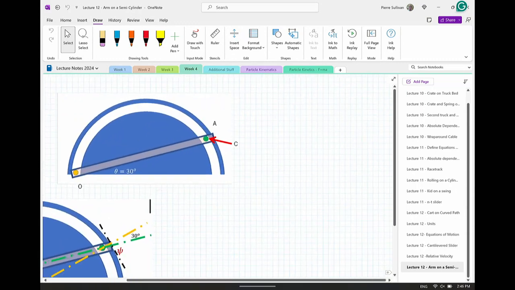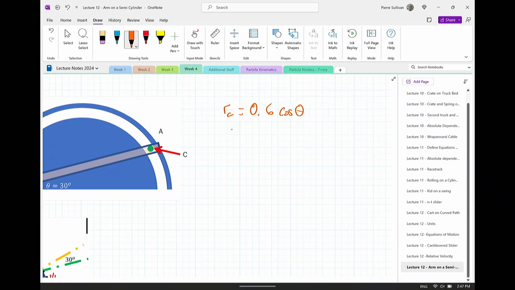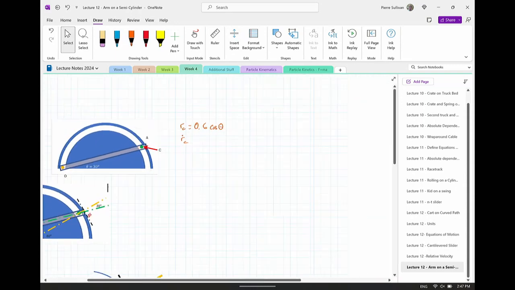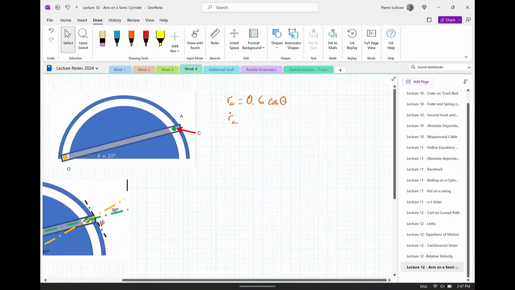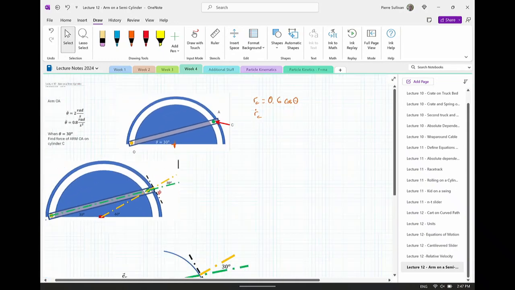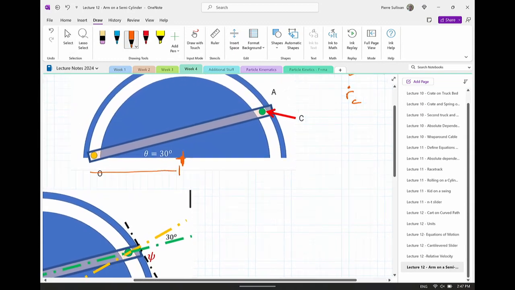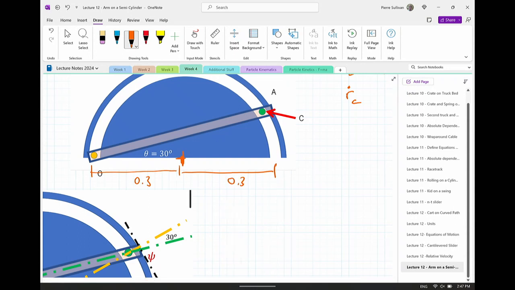I'm going to move this over here so I can do a couple quick calculations. RC equals 0.6 cos theta.